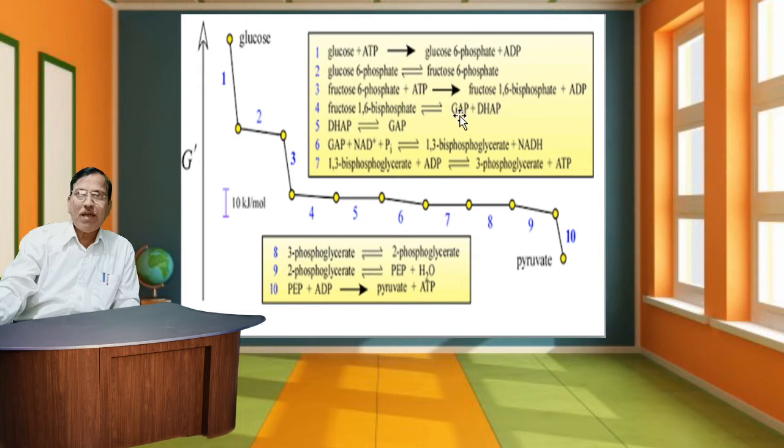GAP, in long form, is glyceraldehyde 3-phosphate, and the second is dihydroxyacetone phosphate, DHAP. In the sixth step, glyceraldehyde 3-phosphate plus NAD plus inorganic phosphate is converted, in a reversible process, into 1,3-bisphosphoglycerate plus NADH.